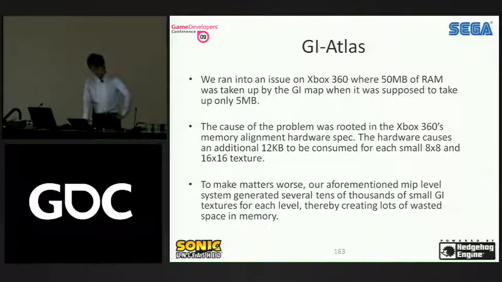Now let's talk about GI Atlas. With Xbox 360, we were supposed to use only 5 megabytes, but actually we consumed 15 megabytes of RAM because of the memory alignment. 8 times 8 equals 16, and then it uses 12 kilobytes.